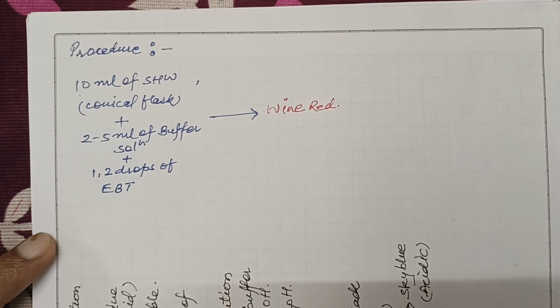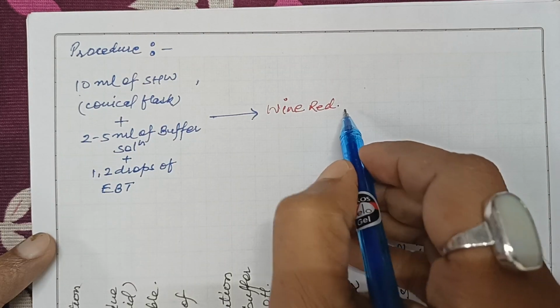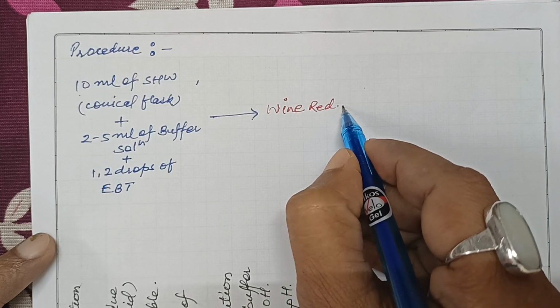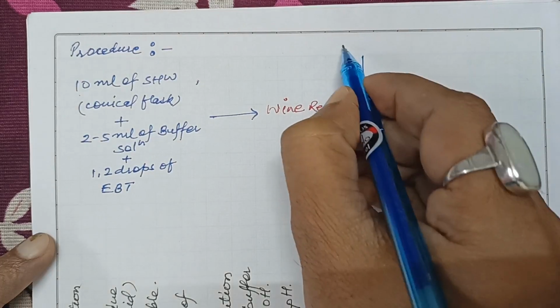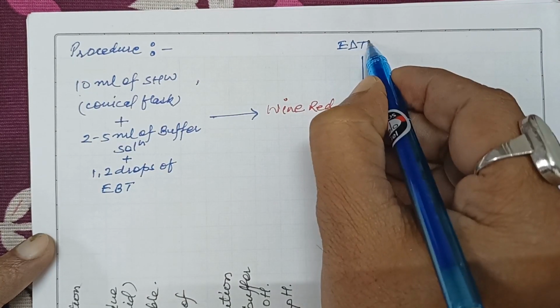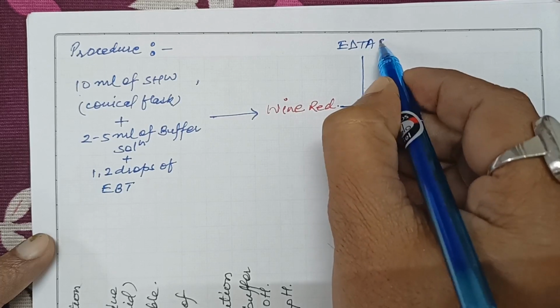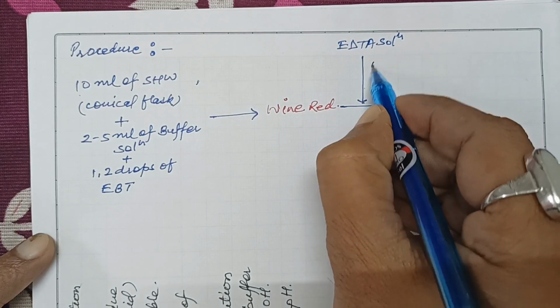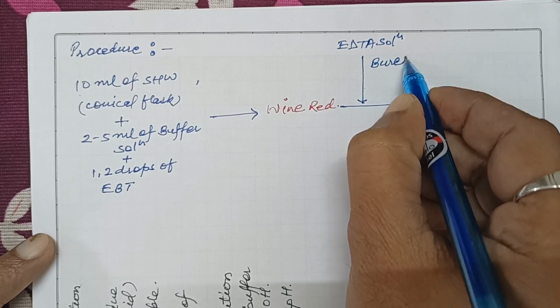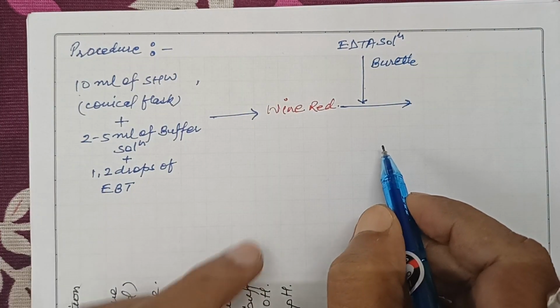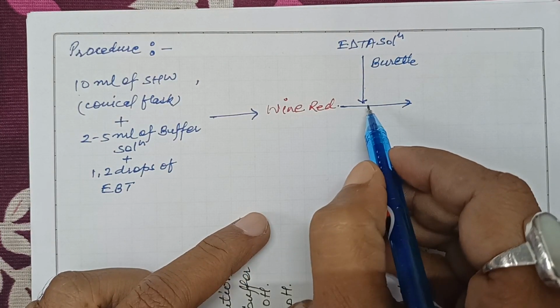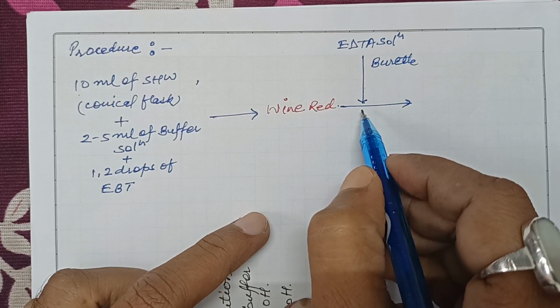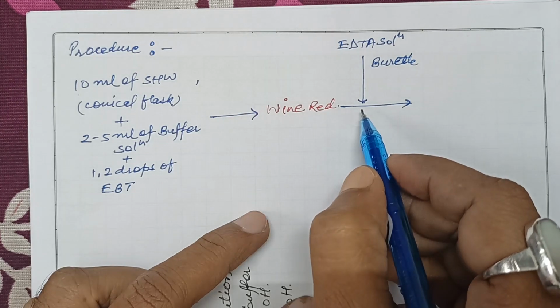Now, when the wine red color comes, we add the EDTA solution, of course the disodium salt solution, from the burette. This solution can be added in a certain amount, ml by ml, or whatever you decide.